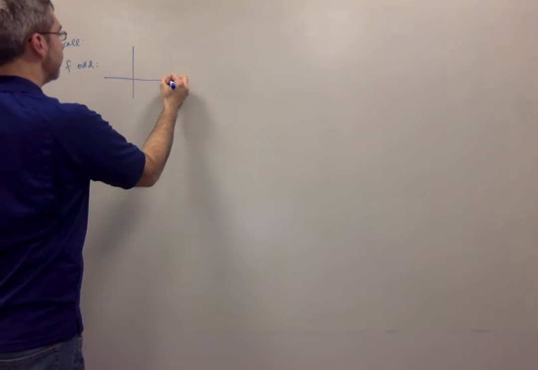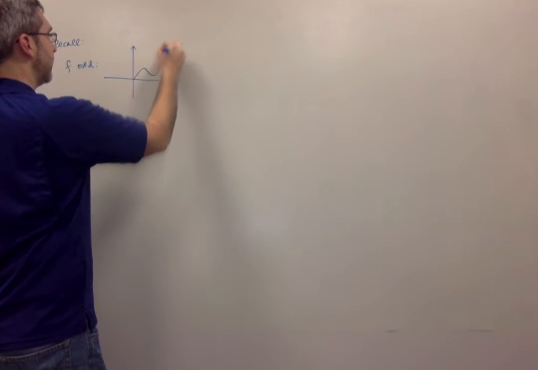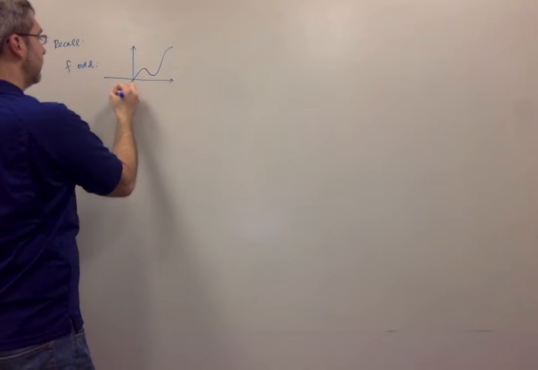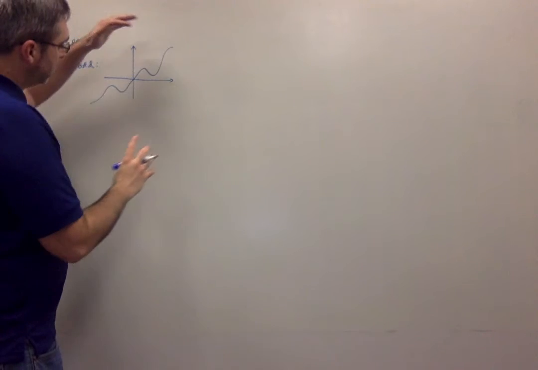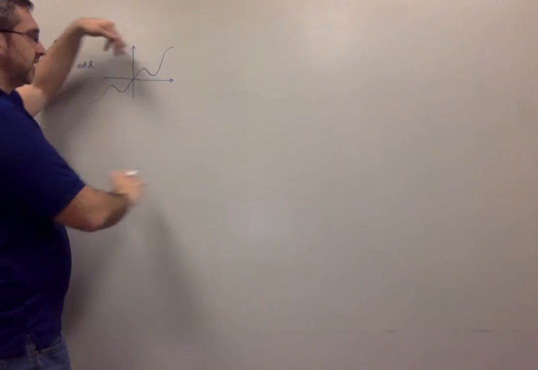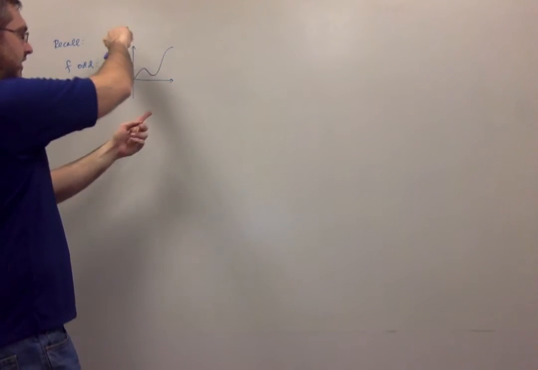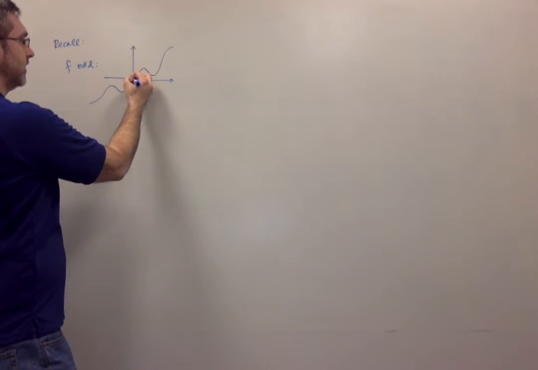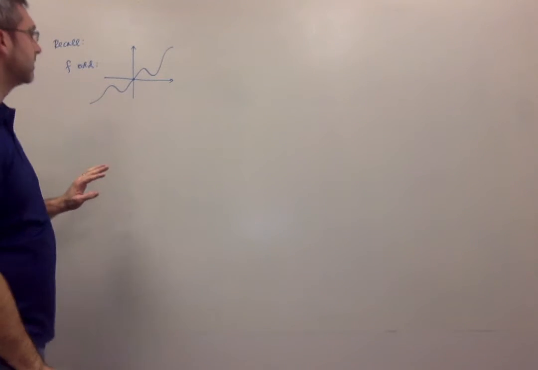When we say a function's odd, visually what that means is that the function looks the same if you spin it around the origin. In other words, if I spin it 180 degrees around this point right here, around the origin, and it looks the same upside down, then it's odd.